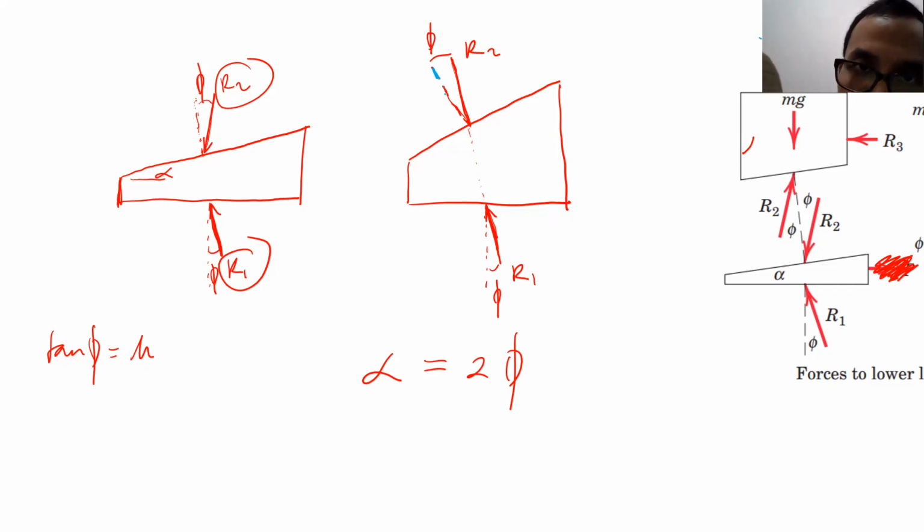This is the normal direction of the first surface. You can see that this one is V, this one is V, and this one is V as well. And in this case, alpha is equal to 2v.